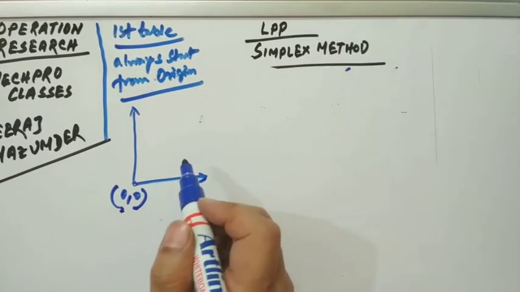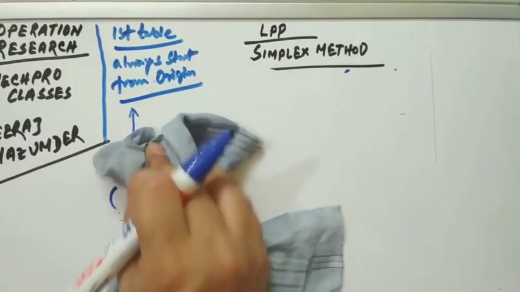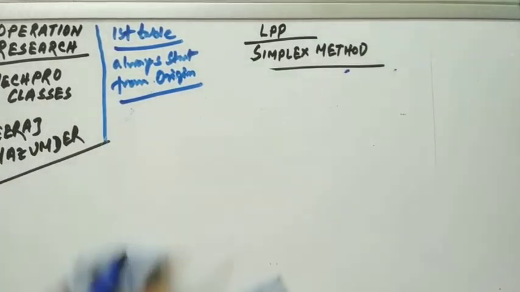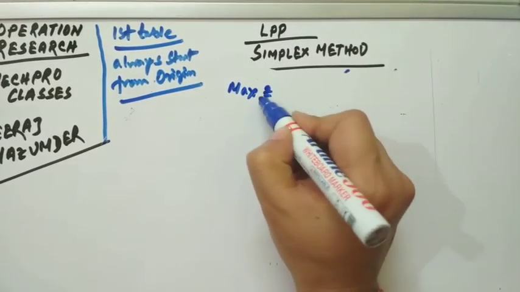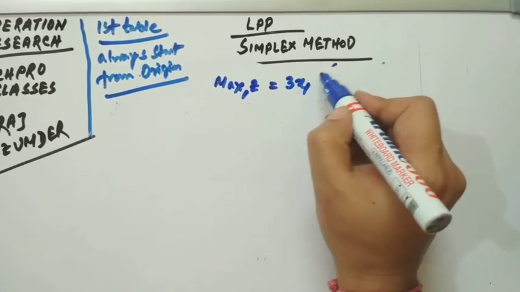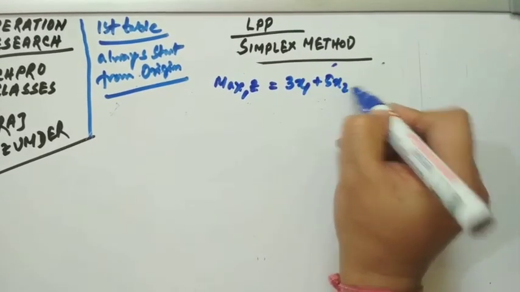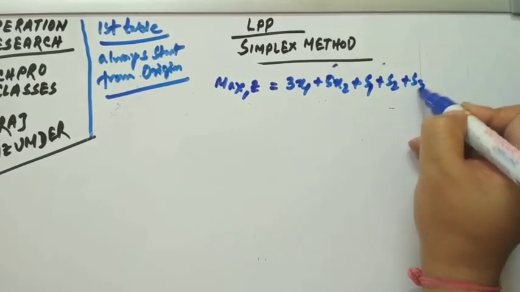Okay, so let us write the equation for LPP. Maximize z equal to 3x1 plus 5x2 plus s1 plus s2 plus s3. These are the slack variables.